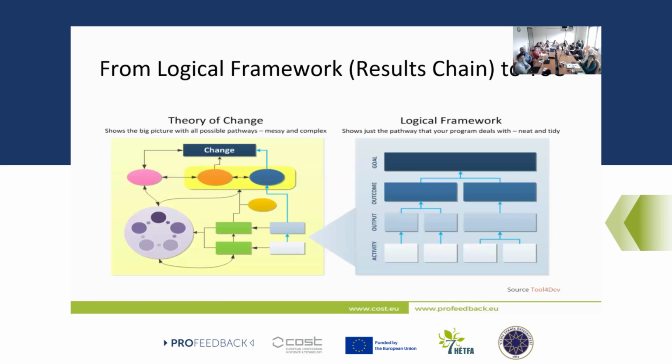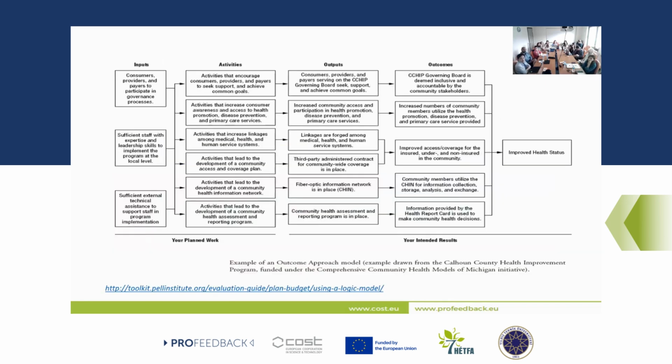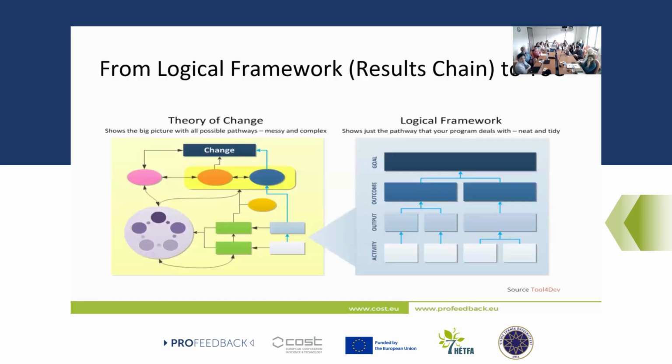So that was the logic model, logical framework. It's linear as it is, from input to activities to output to outcome to impact. We will provide these slides to you, so you will have more time to go through that. So this was the logical framework.